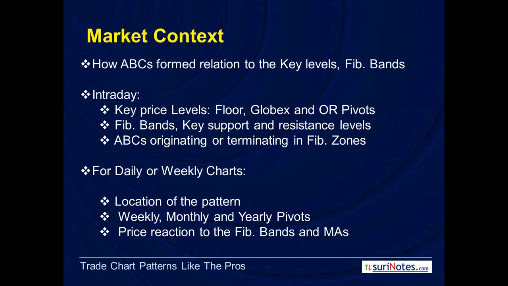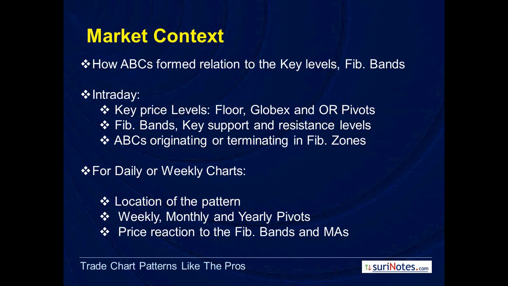So what I do is I lay down something called a fib grid on the charts, and this uses a few of these tools, and I'll show you what it is. Basically, I'm interested in every pattern, not just ABCs, whether it could be Gartleys or double tops, double bottoms, or even head and shoulders, or any type of pattern which I'm analyzing. I'm trying to look at it from a market perspective.